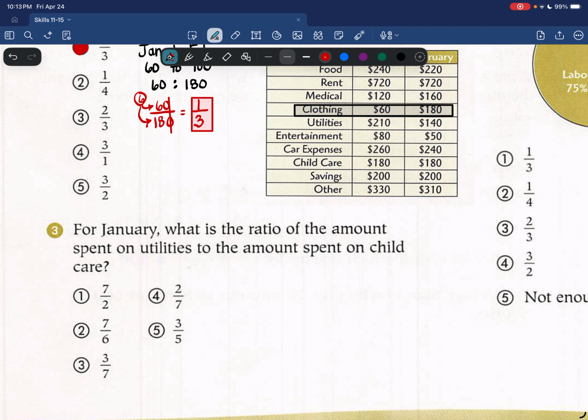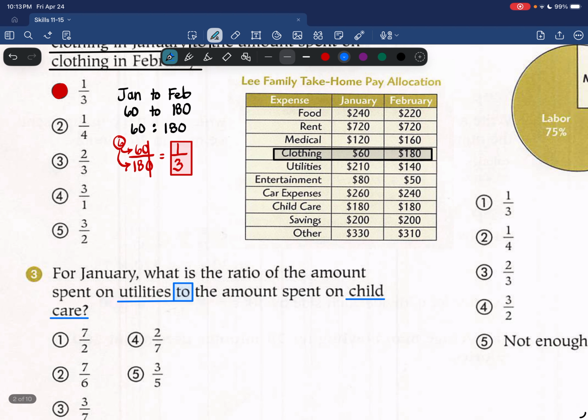For January, what is the ratio of the amount spent on utilities to the amount spent on child care? So we're looking just at January, and we want the amount spent on utilities to child care for January only. So this time I'm just in the second column, the January column.